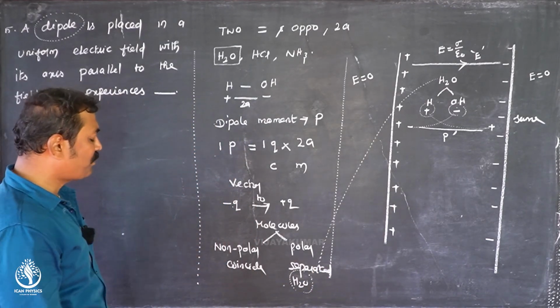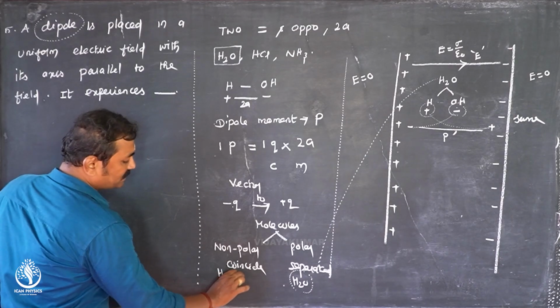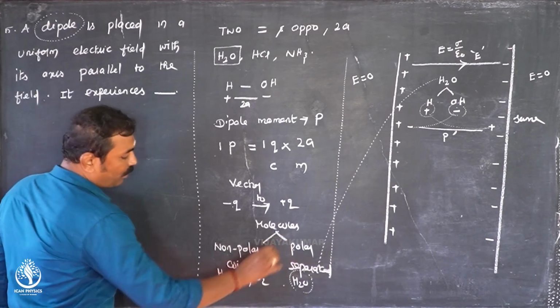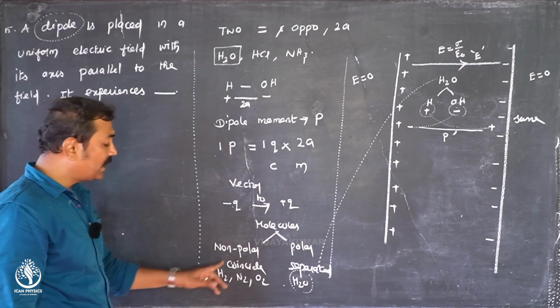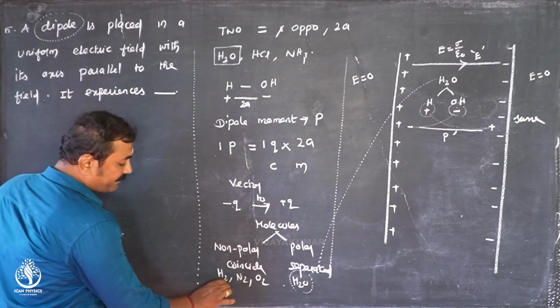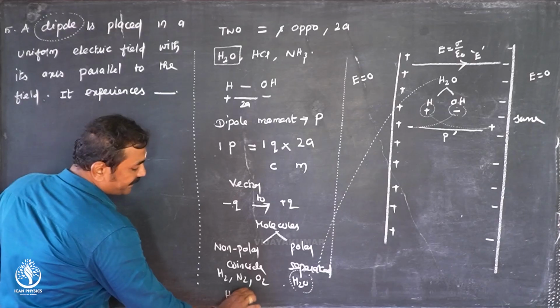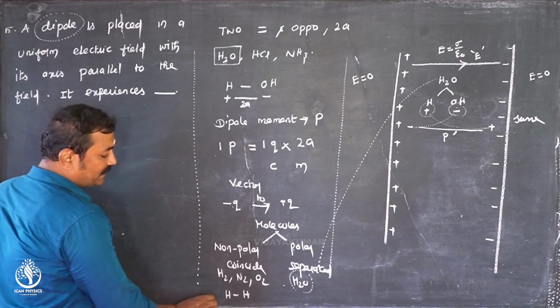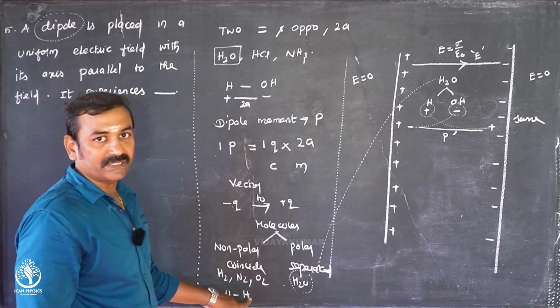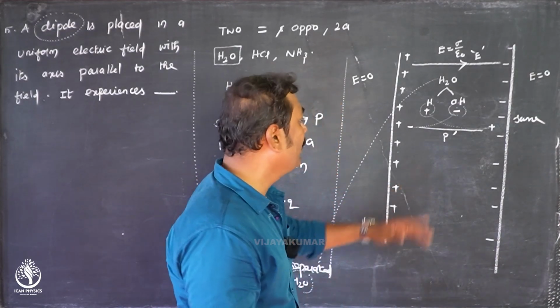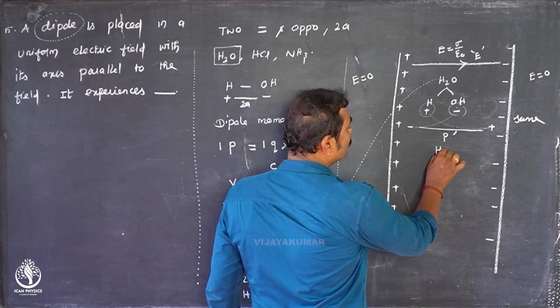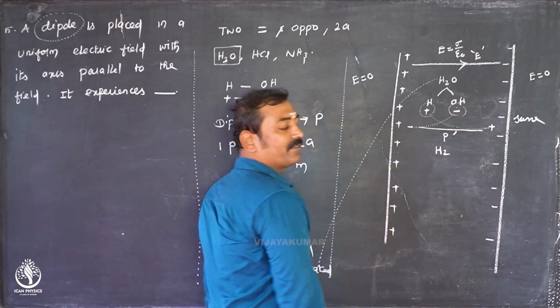So what is non-polar? H2, N2, O2. How can we say H2, O2, N2 are non-polar molecules? When we break H2, it becomes H bond H, positive, positive, and the negative charges coincide behind them. Now I am placing that H2 molecule in the electric field.